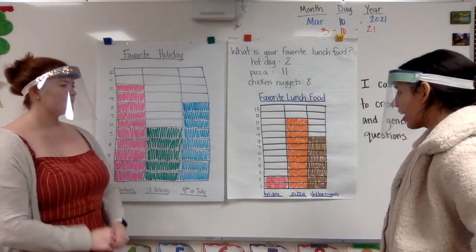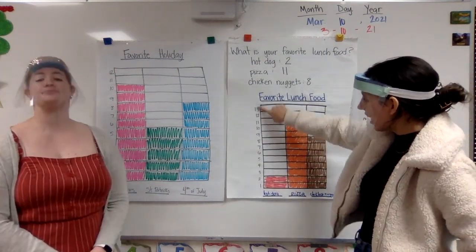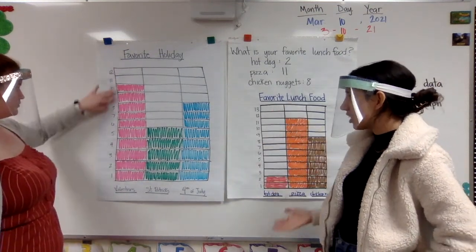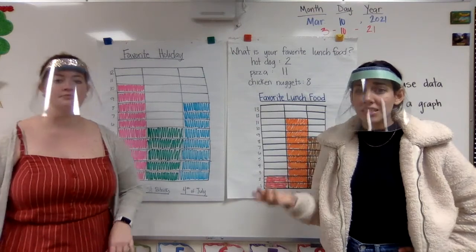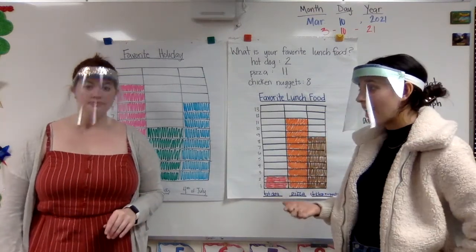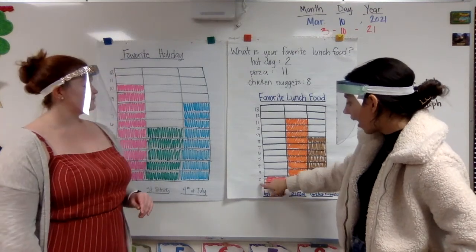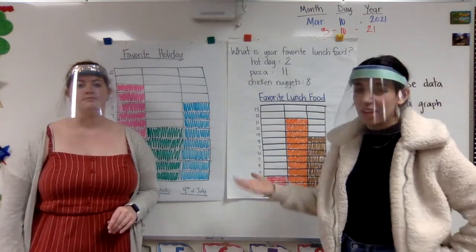That's right. And I also know that on this left side over here, we have the numbers of how many bars we have total in each bar graph, to help us count, to see how many votes we had, or to help us fill in our data and see, oh, well, I needed to color in 5 bars. So you go to the 5 and then you color up to there.